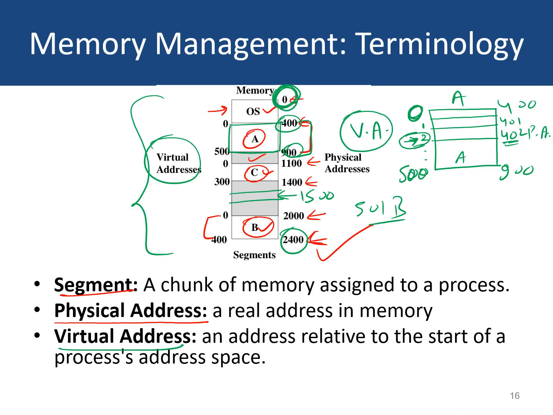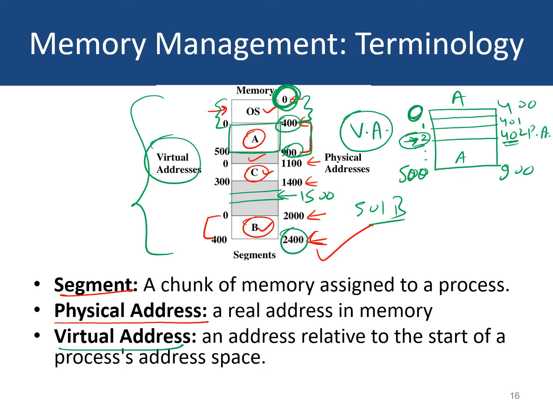In fact, in most modern operating systems, these lower addresses starting from physical address 0 are reserved for the operating system, and therefore pretty much no user process ever starts from physical memory address 0. They all start from some higher physical memory addresses.